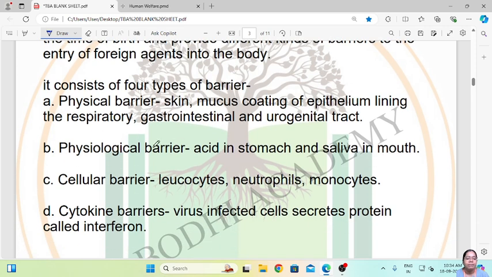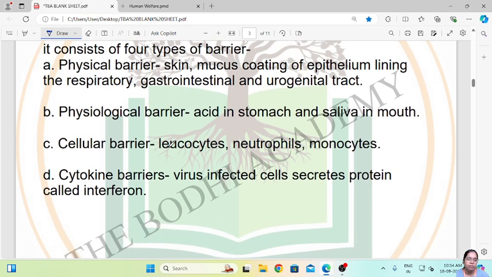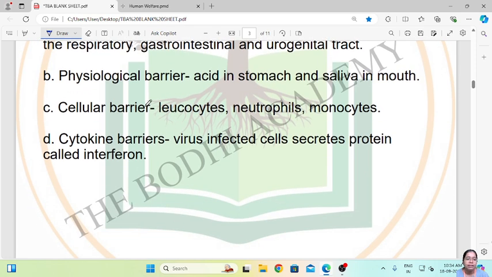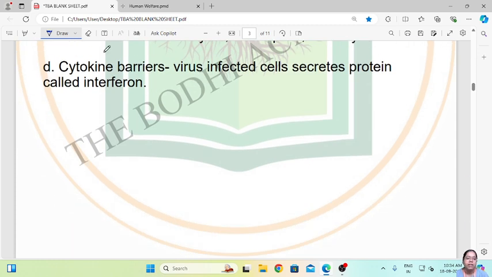Then comes your physiological barrier, that is acid in the stomach, saliva in the mouth. These are some physiological barriers which are present in our body. Then cellular barrier, that is leukocytes, neutrophils and monocytes. These are the white blood cells which help in the protection of body from the disease causing organisms. Then comes cytokine barriers.